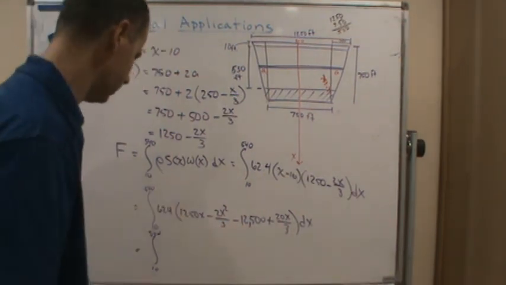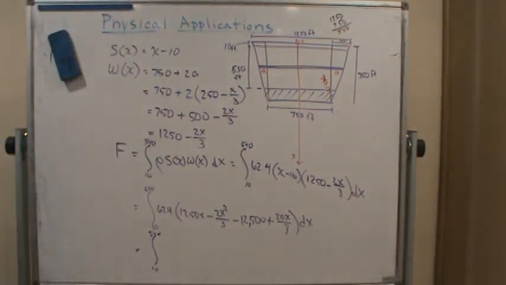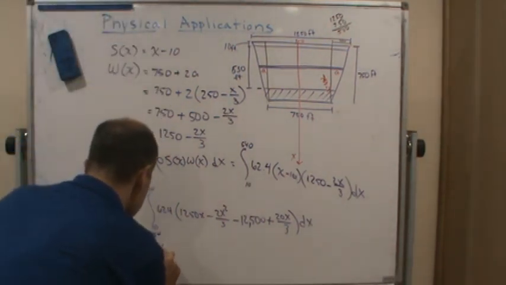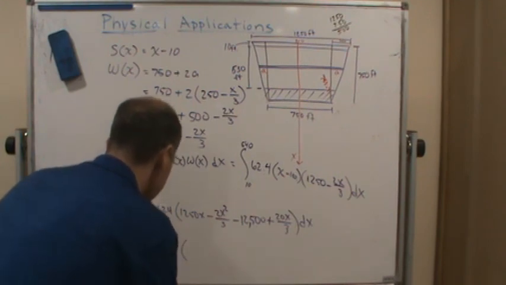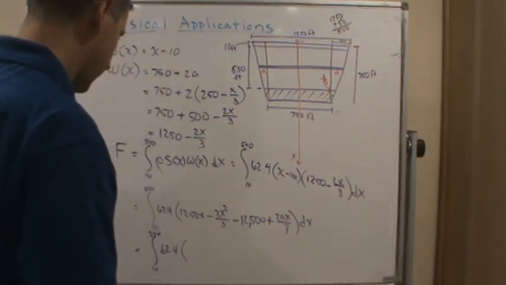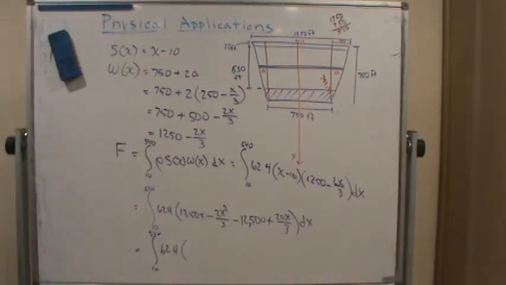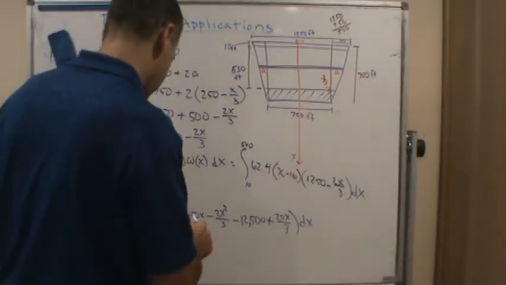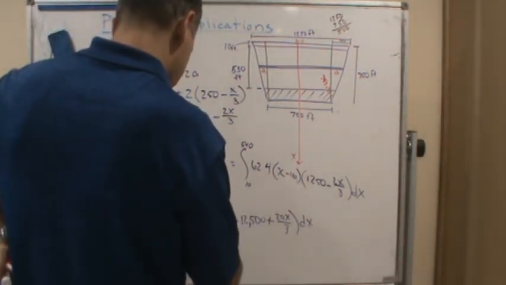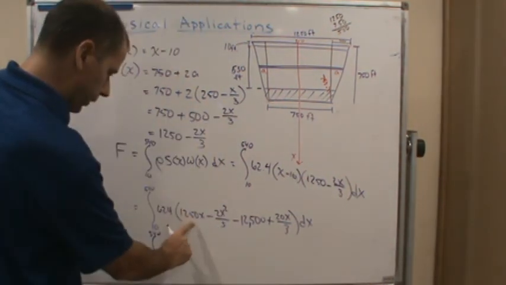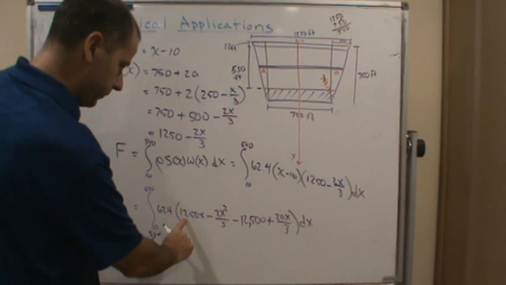Oh, that's right. Okay, so here is 62.4. And so we just have to simplify this. So if we add this one here, so we've got 1250x.